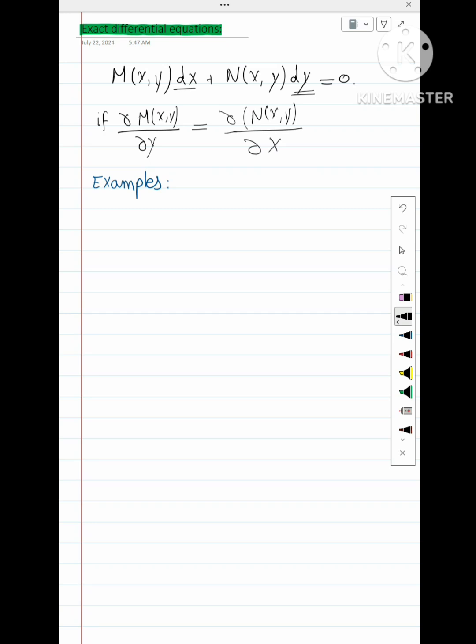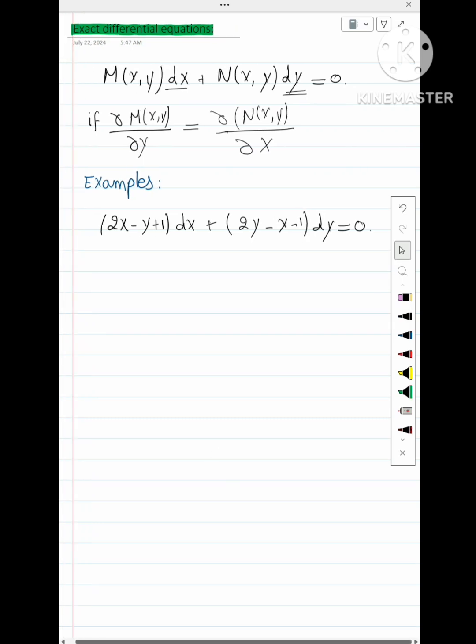So the first example says: solve the differential equation (2x - y + 1) dx + (2y - x - 1) dy = 0. Right here, the first thing we need to check is whether it is separable.